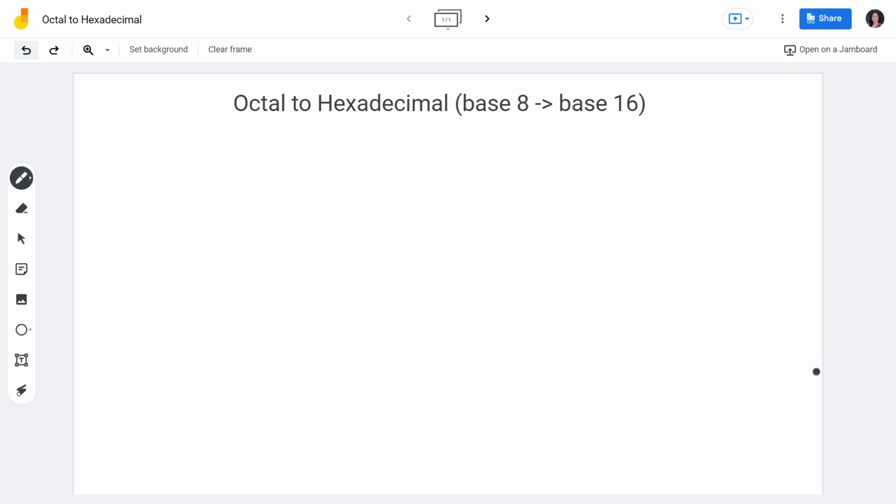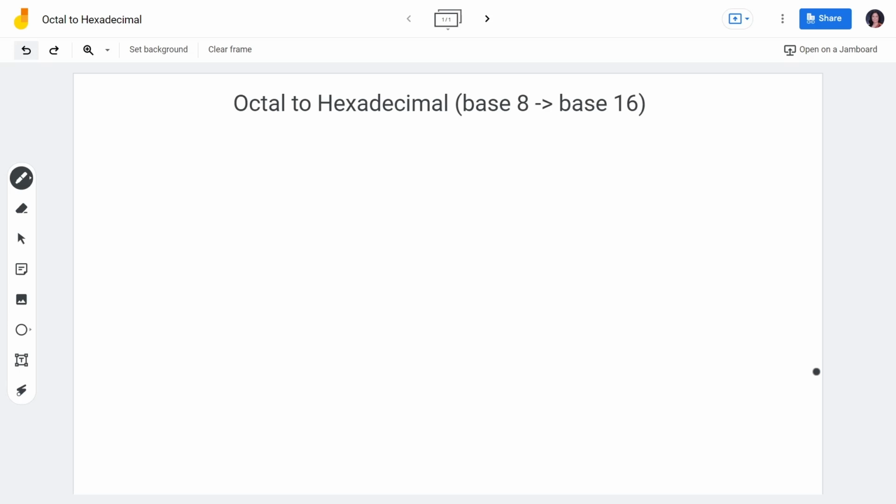Of all the number conversions that are available, this conversion, octal to hexadecimal, and its vice versa counterpart, hexadecimal to octal, do not have a direct conversion. It must go through another number system before it reaches the hexadecimal equivalent of that number.